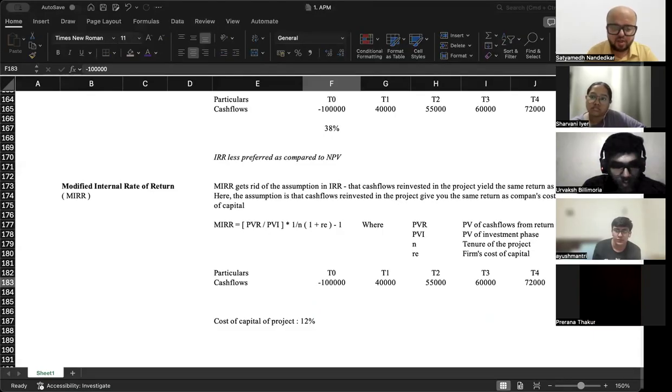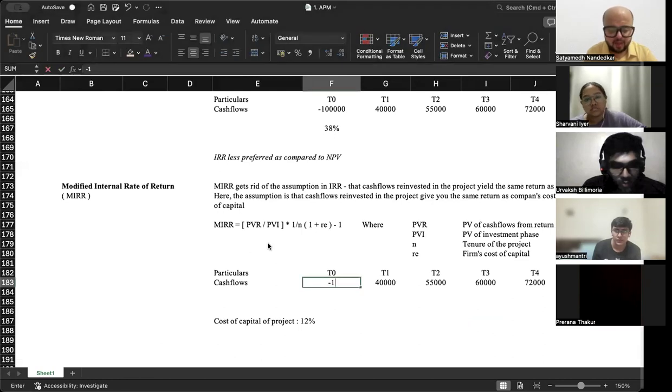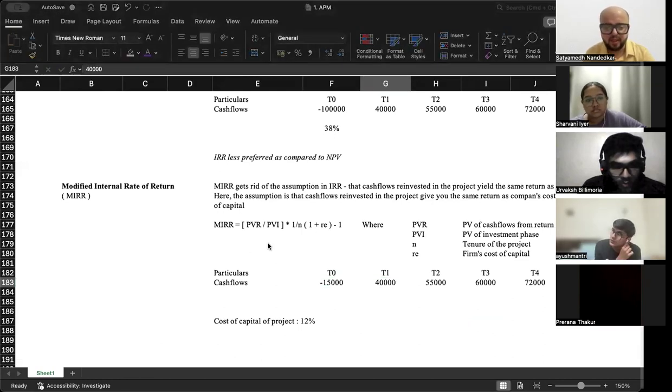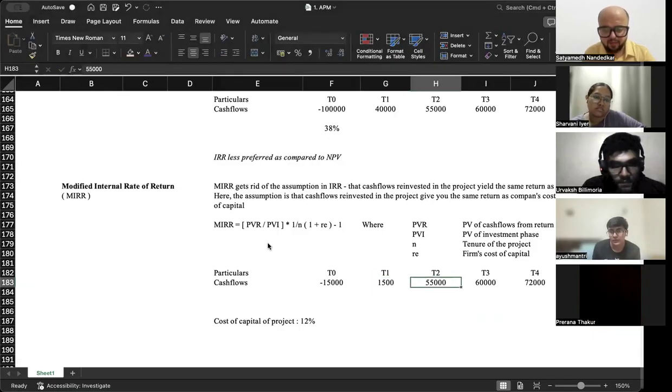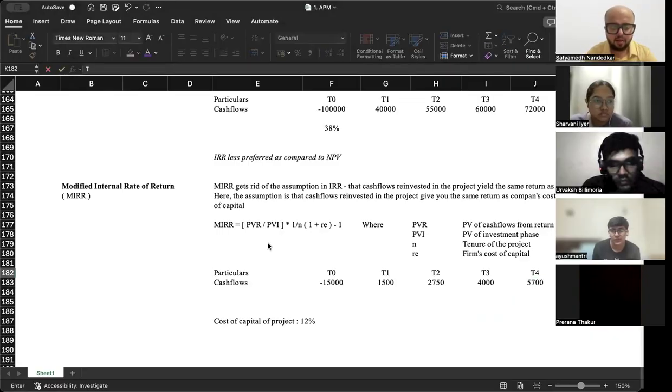Let the initial investment be, for example, 15,000, and in years 1, 2, 3, 4, 5 you are getting 1,500, then 2,750, then sorry 4,000, then 5,700, and in say T5 I am getting 7,500.